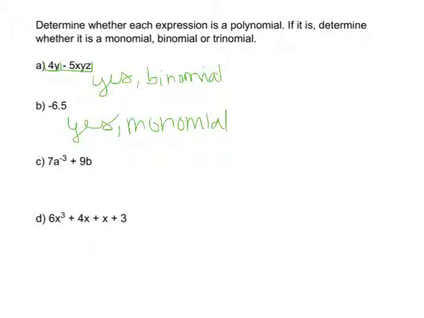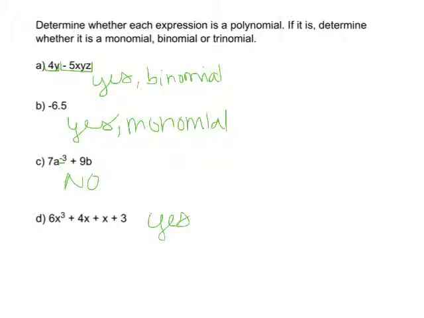C is no because I have a negative exponent, and remember that a negative exponent means I take that reciprocal, so it would really have a division term. So it's not that sum or difference of a monomial. And then on D, we have a polynomial.